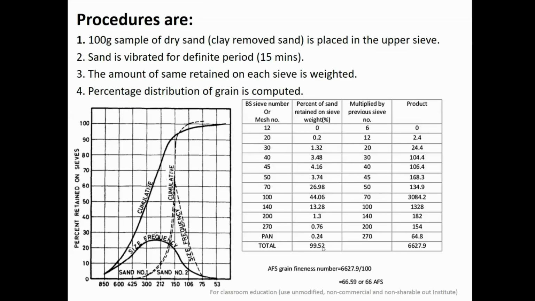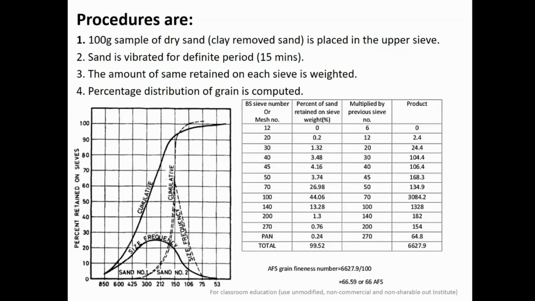I think less than 1% may be wasted, or it may have stuck to the walls of the sieves, or while handling and vigorous shaking, some sand particles may not be present in the total composition.